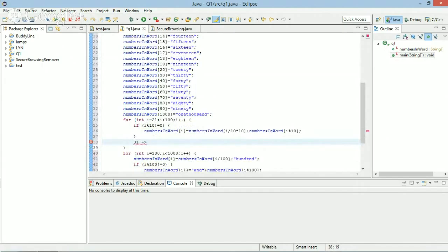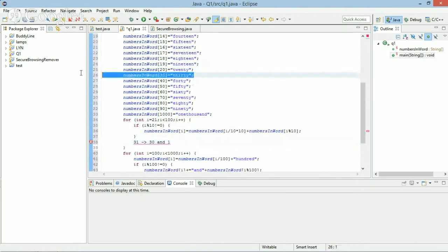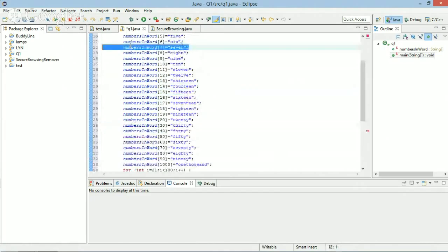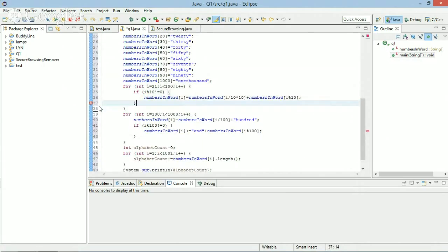It will be 30 and 1, so I refer back to the value for 30. Let's say I have 37. Then I'll get 30 and 7. After that, we store the words of the numbers in an array.